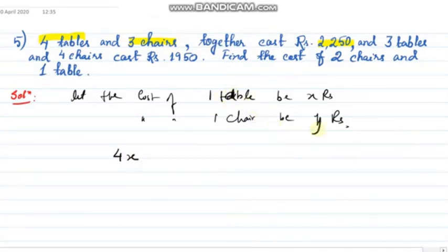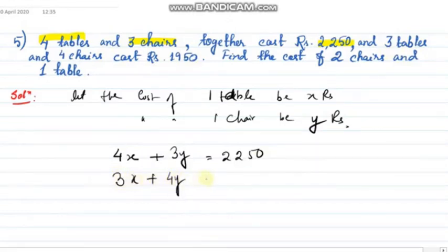So table, this is chair, and this I had written y. So 4x plus 3y equals 2250, right? And next one, 3 tables and 4 chairs cost 1950. So the next equation, 3x plus 4y equals 1950, right?